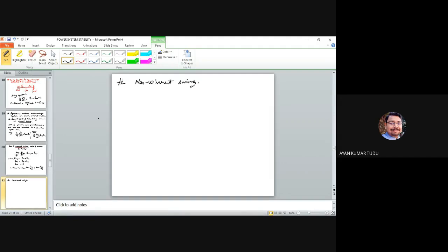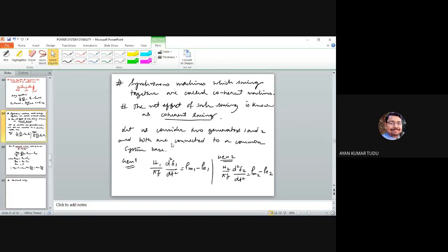Taking the same two examples, for generator 1 we have H1 by pi f into d2 delta 1 by dt square equal to Pm1 minus Pe1, and in generator 2, let that be a synchronous motor, given as H2 by pi f into d2 delta 2 by dt square equal to Pm2 minus Pe2.